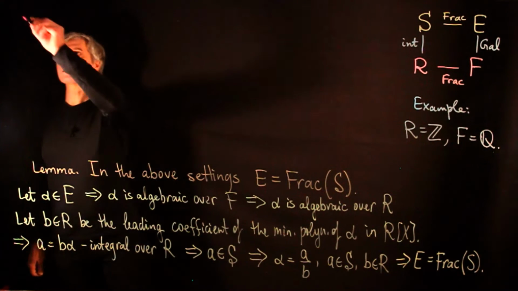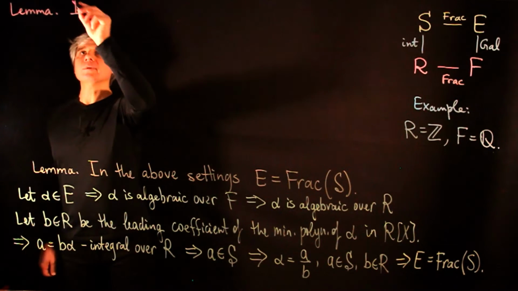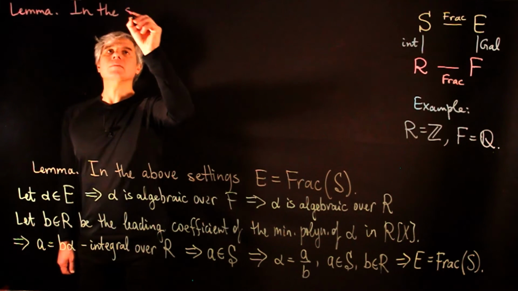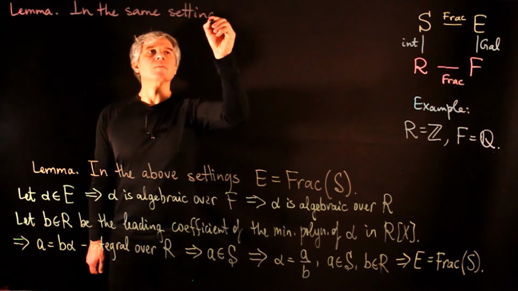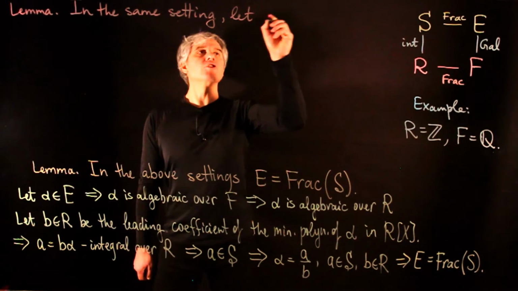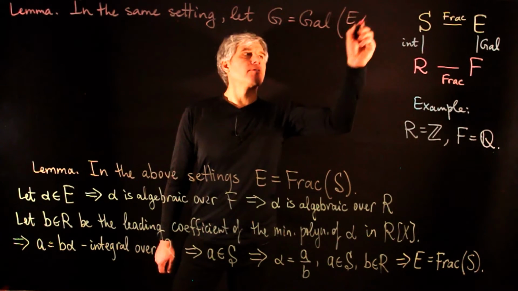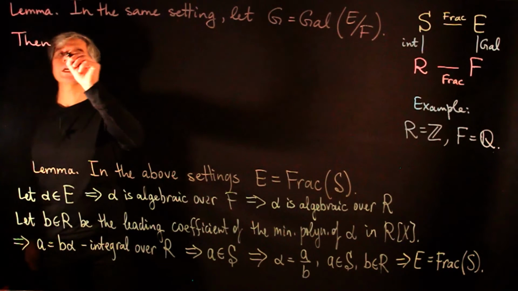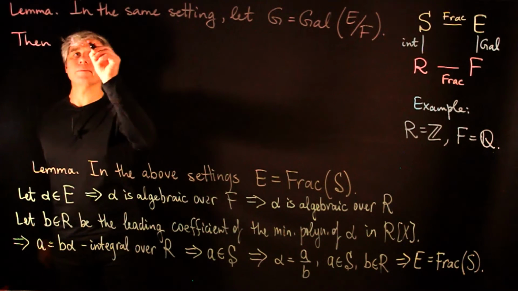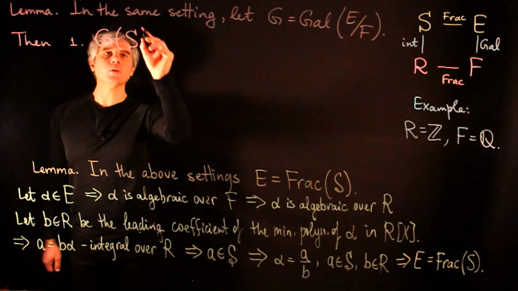Let us state our next lemma. So in the same setting, let G be the Galois group of E over F. Then we make two claims. One, the ring S is invariant under the action of the Galois group.